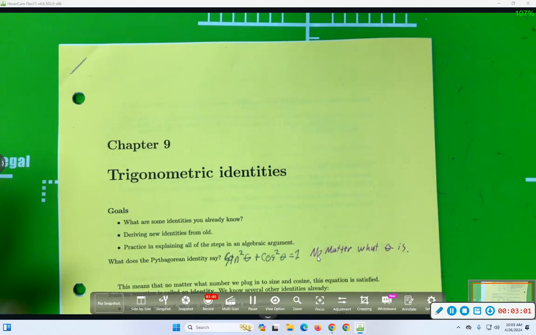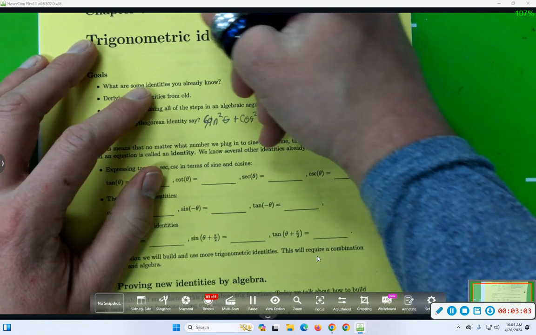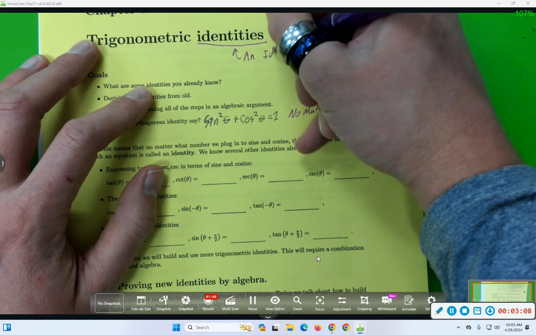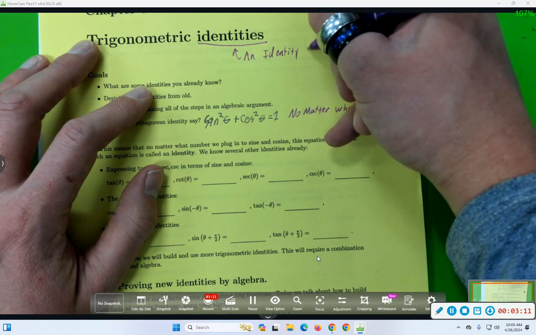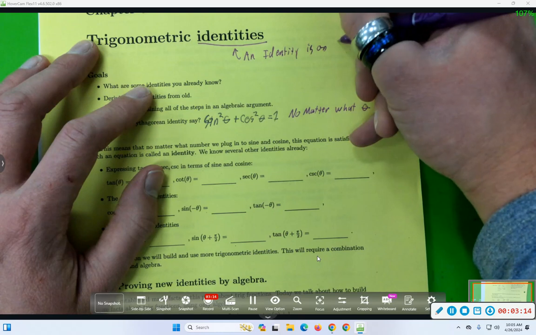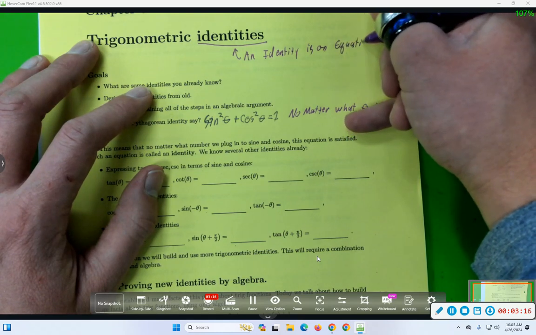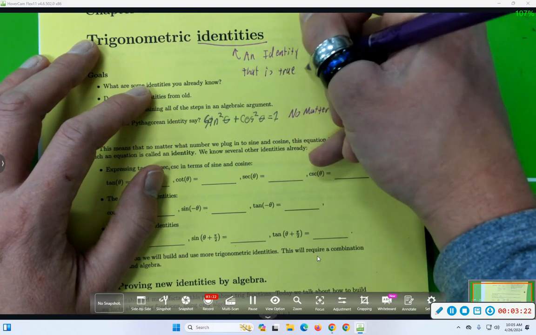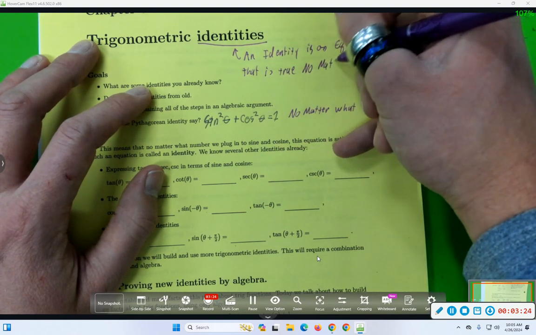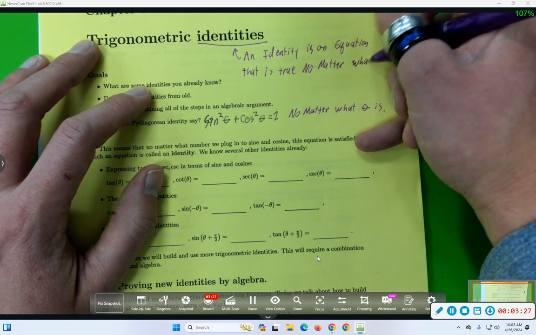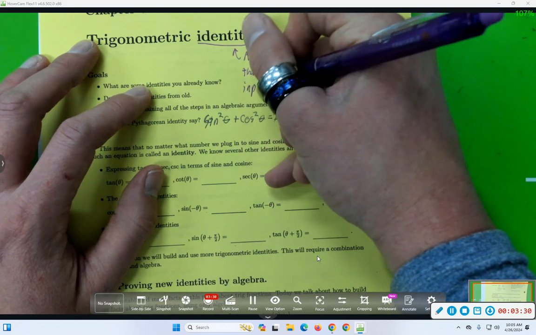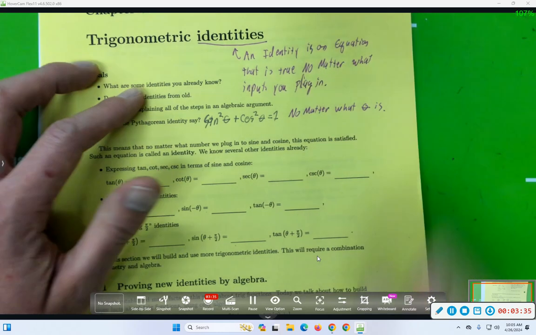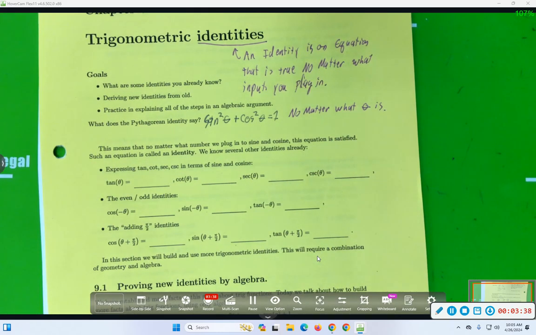So that's what an identity is. An identity is an equation that's true no matter what inputs you plug in.